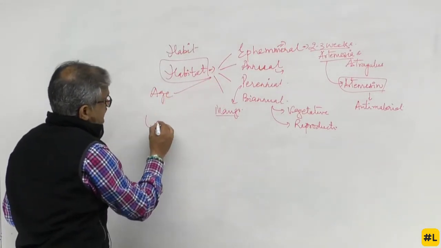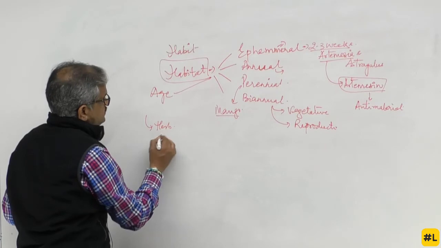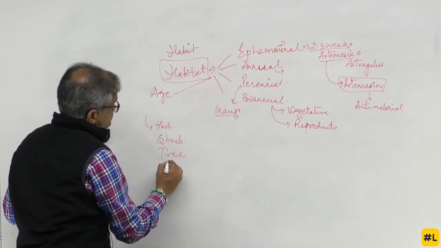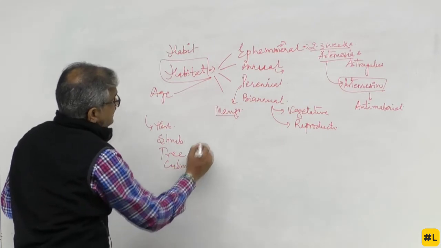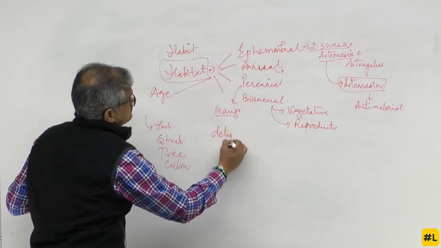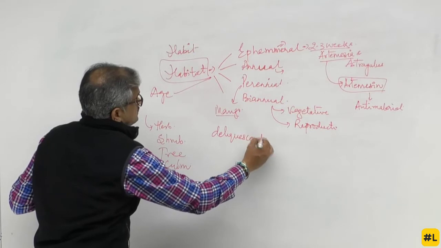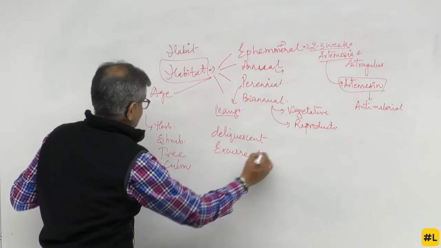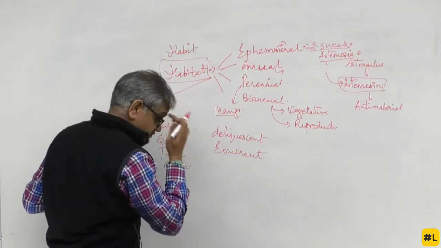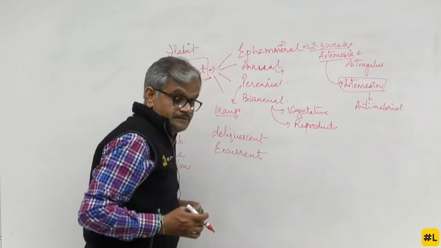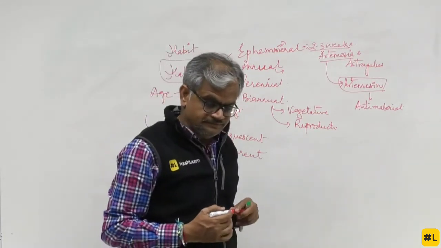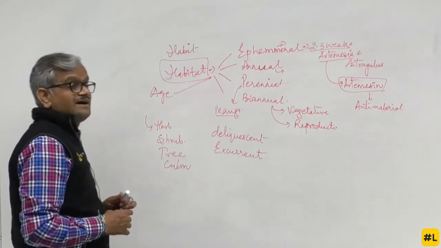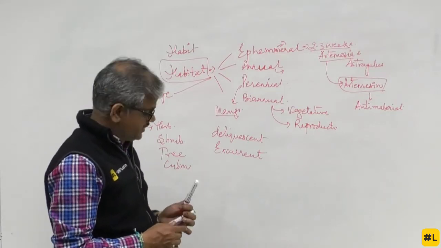With respect to habit, either they are herbs, shrubs, trees, culm, deliquescent, or excurrent.